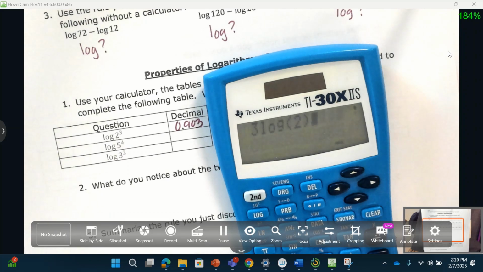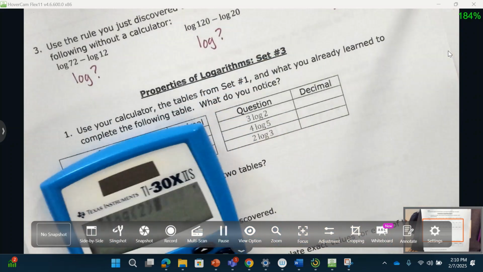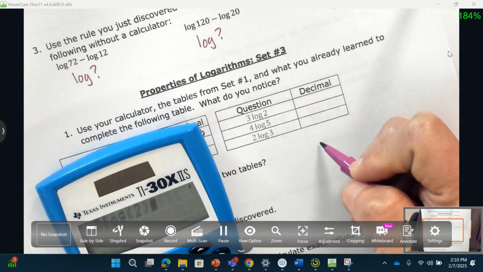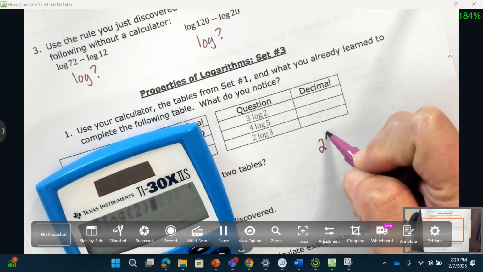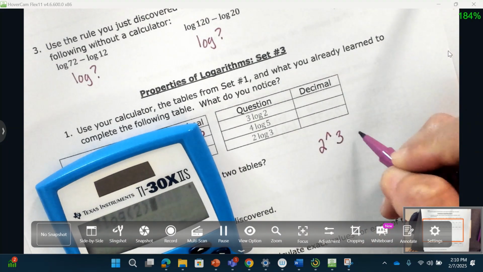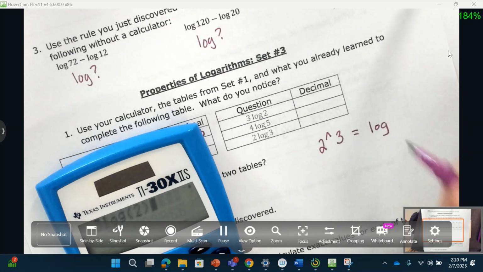If you have a single line entry calculator, which I do not have one that I can put my hands on right away, but those would be like some of the old FSA calculators, you might need to do your keystrokes in this order. So you might need to do 2 to the third power equals, and then hit the log.